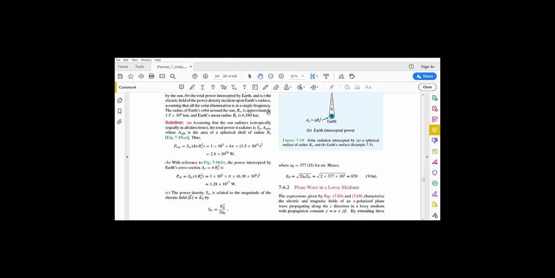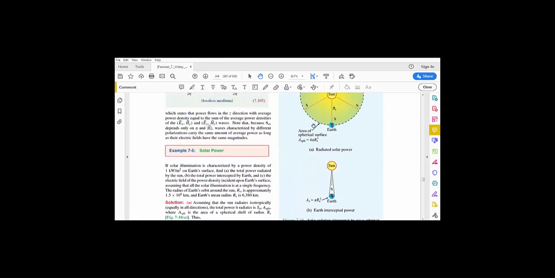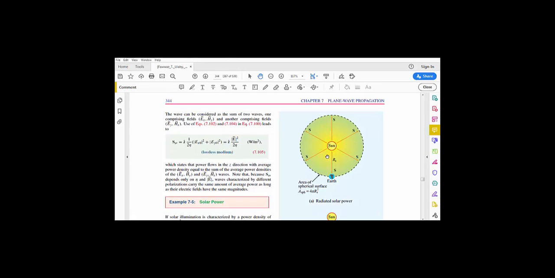This works if we have isotropic radiation, because in such a case we can use the power density and the area of the space surrounding the source. We can use these two quantities to calculate the radiated power.